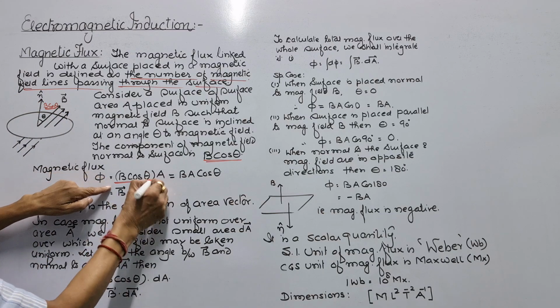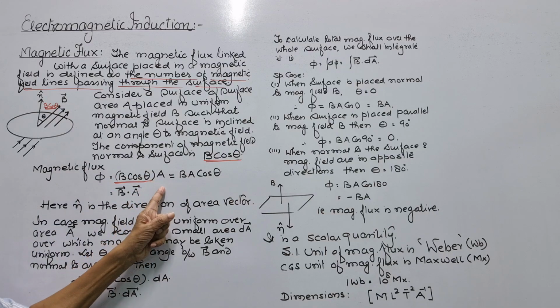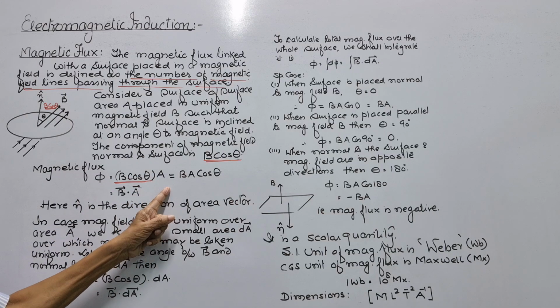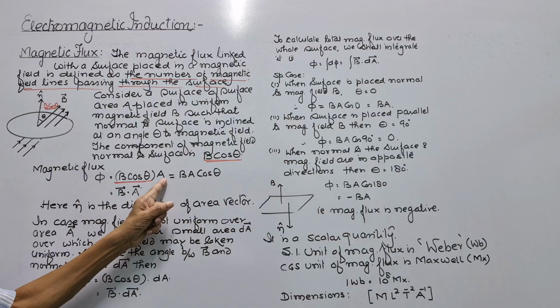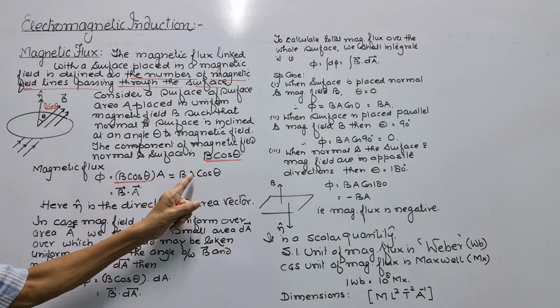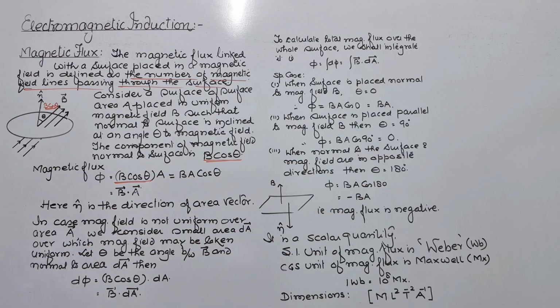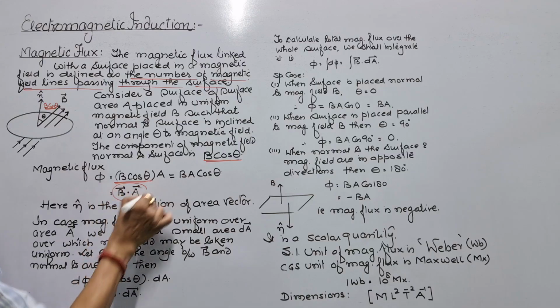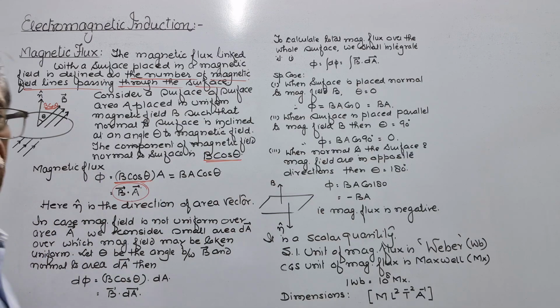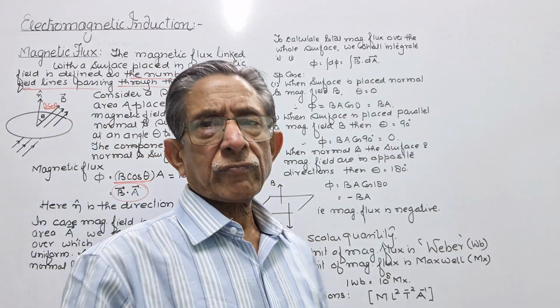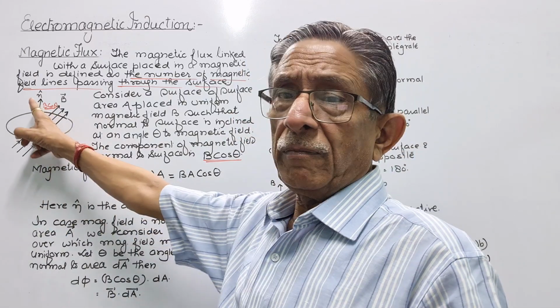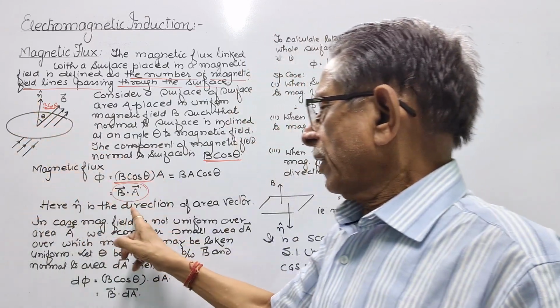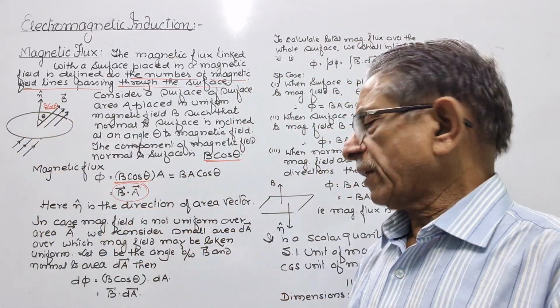So B cos theta multiplied with area becomes magnetic flux. You can say phi is equal to BA cos theta, or you can write phi is equal to B vector dot A vector. In the given diagram, n cap is the direction of area vector.